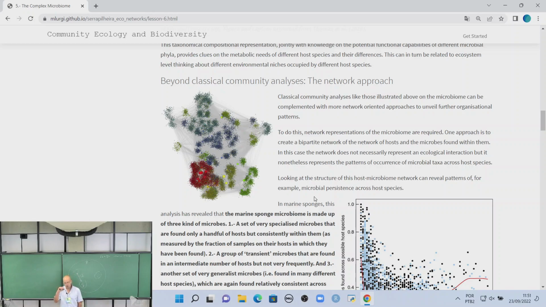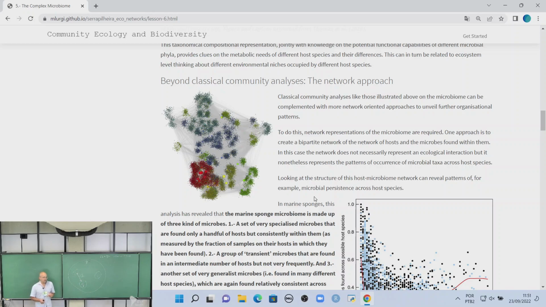So we will look at modularity in these networks. It's a little bit different from the networks that we have been looking at so far, because it's not really an ecological interaction network. It's just a presence network, in the sense that it only tells you which bacteria are found within each sponge, right?